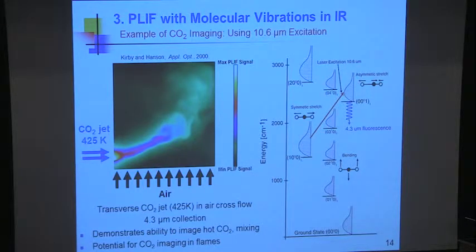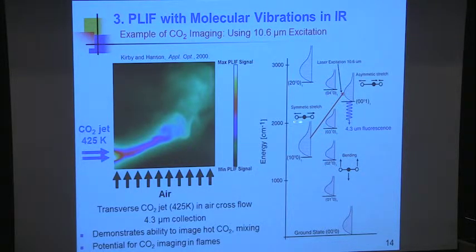That actually corresponds to a transition between this excited state and this one. So a CO2 laser works by somehow populating this state above its normal value so that it can emit down to this state. That's the energy level diagram for the 10.6 micron CO2 laser.